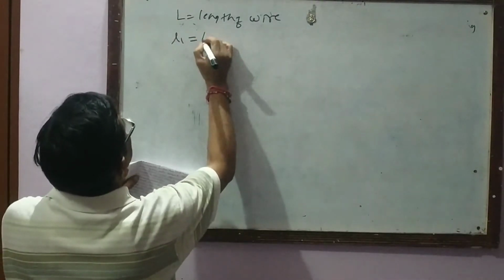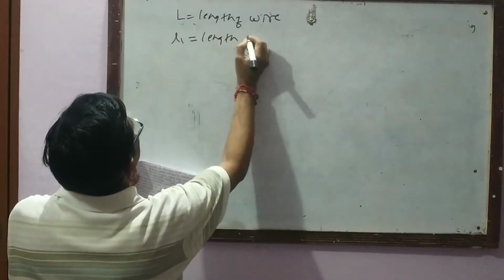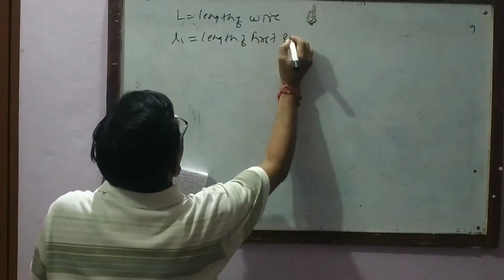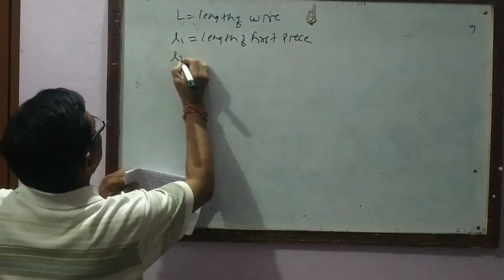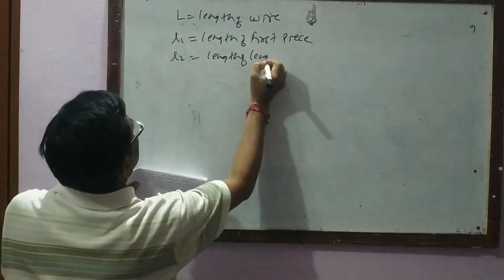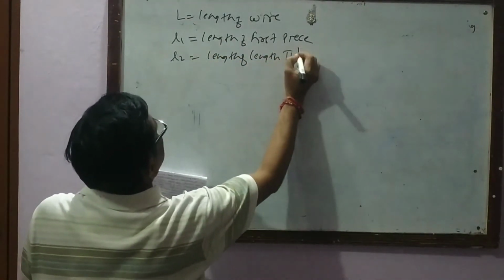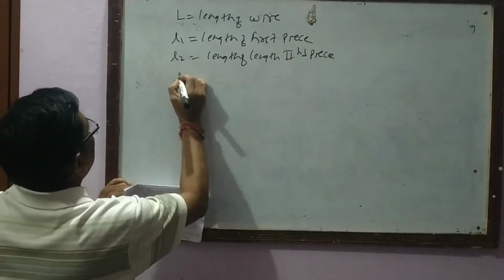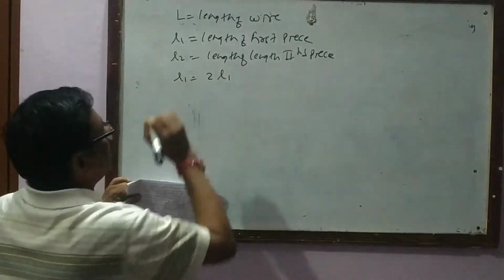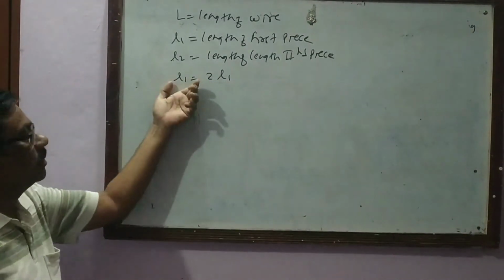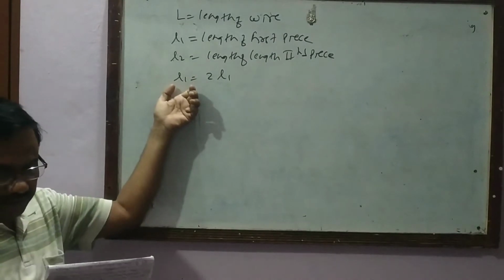L1 is the length of the first piece, L2 is the length of the second piece, such that L1 is equal to 2 times L2. This is the first condition.